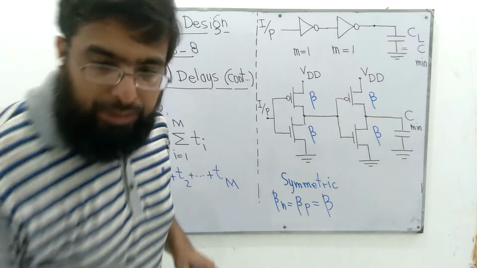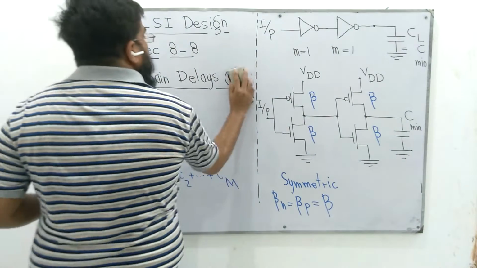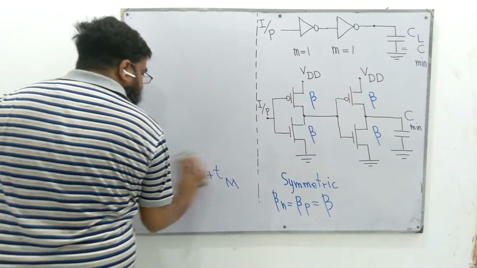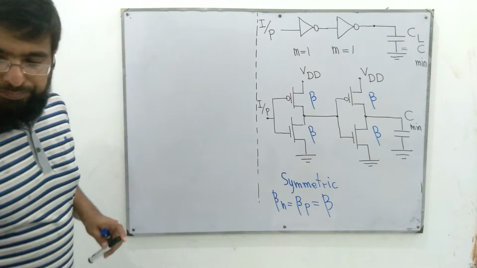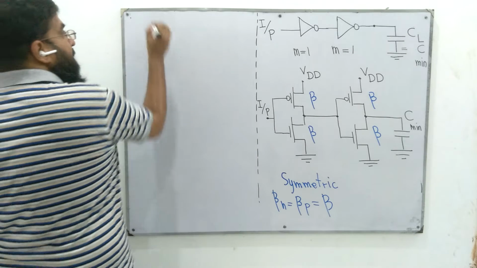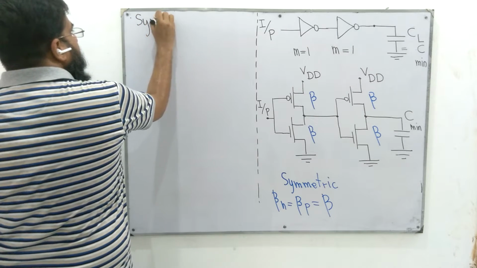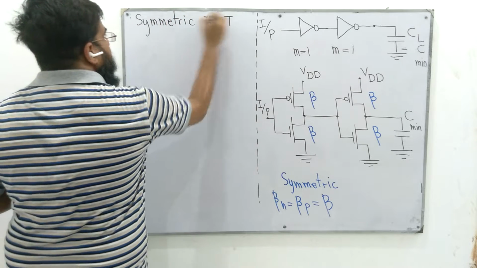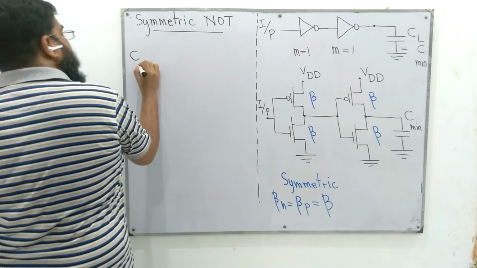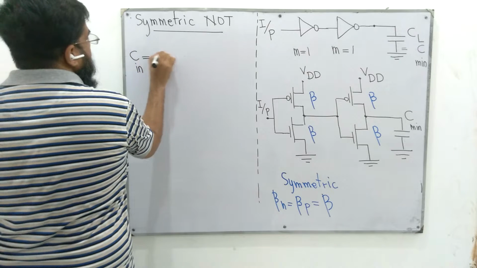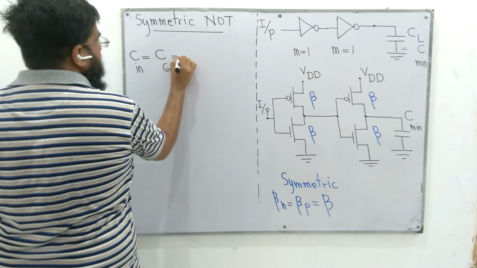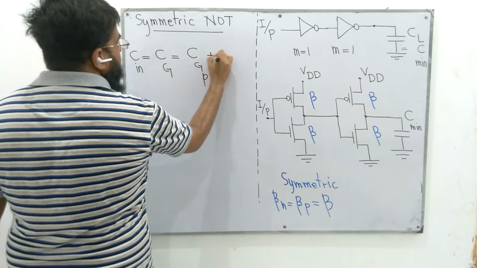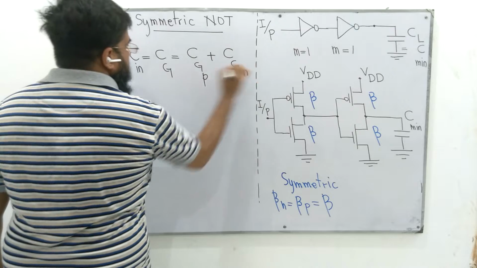In our last lecture, we also studied that for a symmetric NOT, the input capacitance, we can also call it the gate capacitance, is the gate capacitance of PMOS plus the gate capacitance of NMOS.